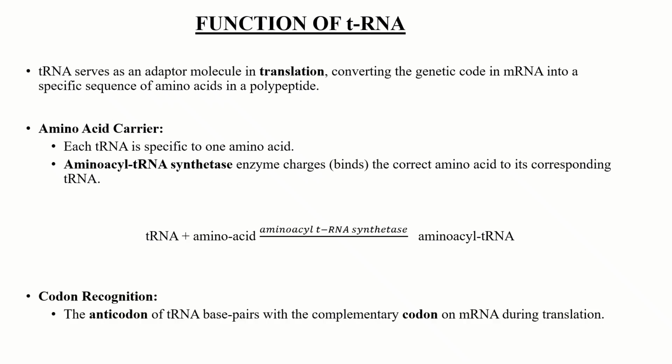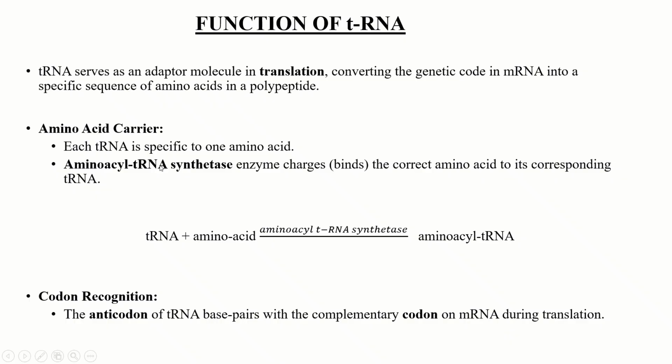tRNA serves as an adapter molecule in translation, which converts the genetic code in mRNA into a specific sequence of amino acids in a polypeptide. As an amino acid carrier, each tRNA is specific to a single amino acid.